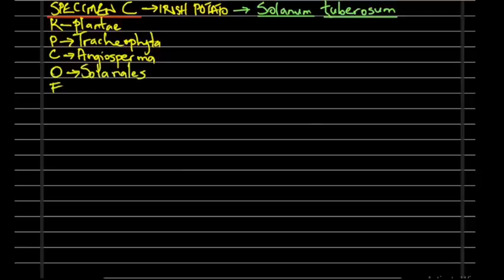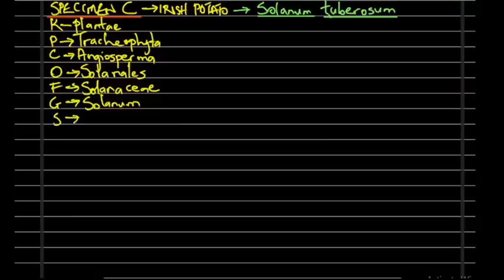We have the family to be the Solanaceae. We have the genus to be the Solanum, and then the species is the tuberosum. So it is from the genus and the species that we have the botanical name, Solanum tuberosum.